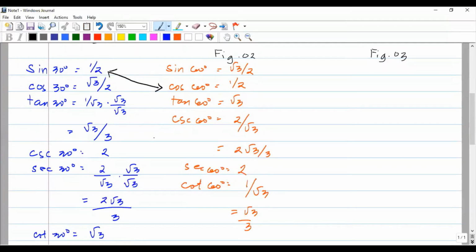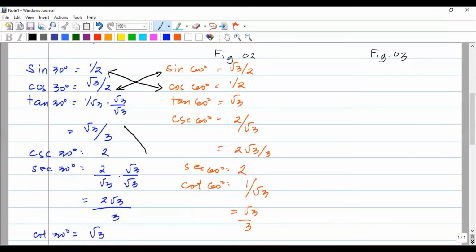They have equal values, although they have different reference angles. Cosine 30 and sine 60 are also equal. What are the other functions with the same values and different reference angles? What is the counterpart of tangent 30 degrees in the 60-degree angle? We have the cotangent 60 degrees.